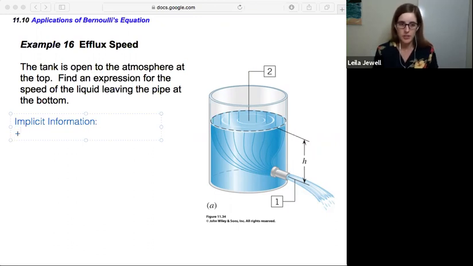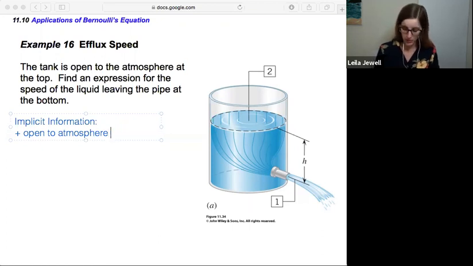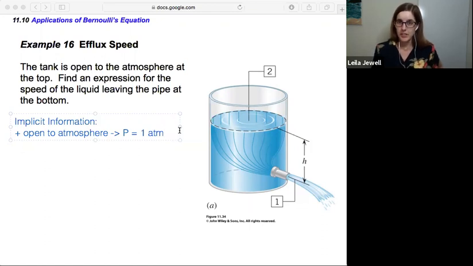One is it mentions open to atmosphere at top. If it's open to the atmosphere, that tells you about the pressure, right? That the pressure at that point must be equal to 1 atmosphere, just our standard atmospheric pressure. That's a key detail. Now that's at the top, which is labeled point 2.